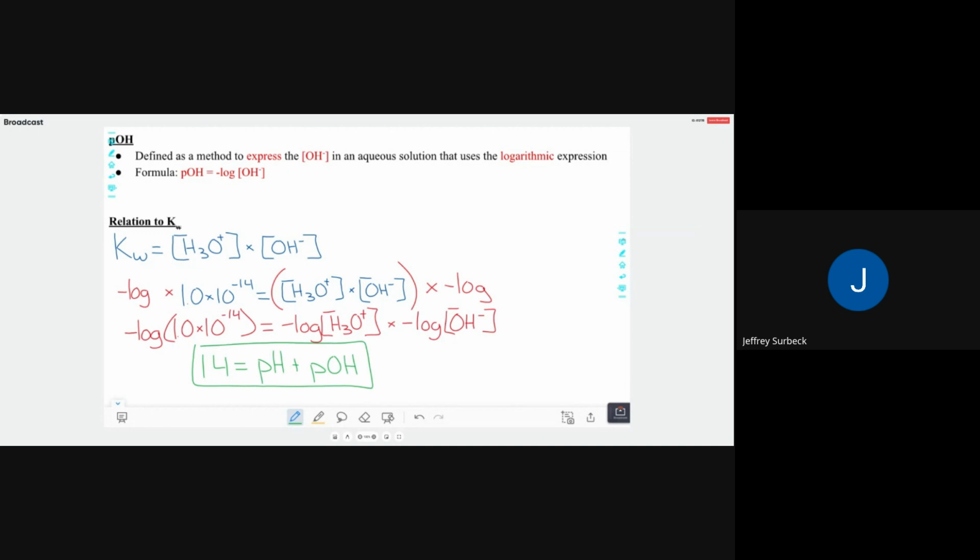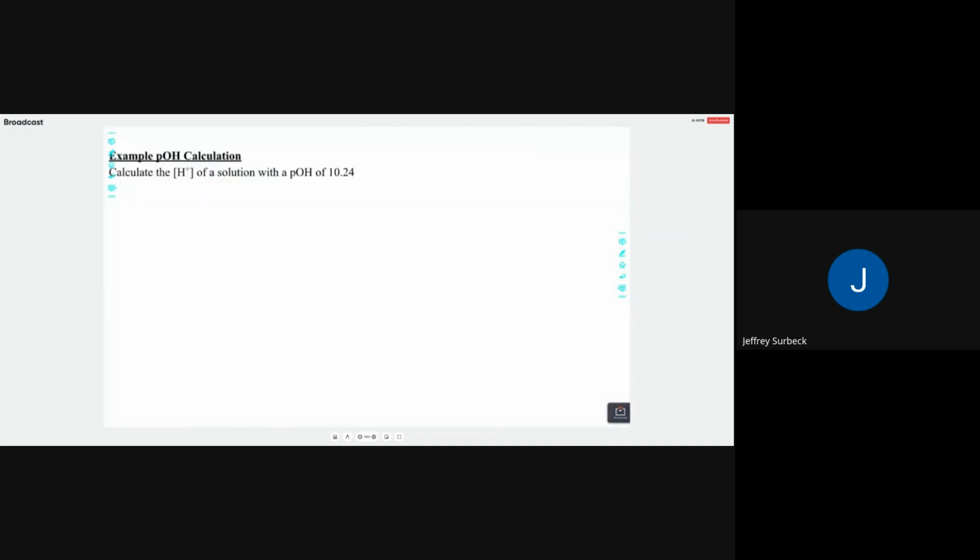Does anybody need this? All right, so here we go. You still got a little bit more. Now, it says calculate the hydronium ion concentration of a solution that has a pOH of 10.24. So what we're going to do is first start with that formula that we just worked. So we have 14 is equal to, do we know the pH yet?